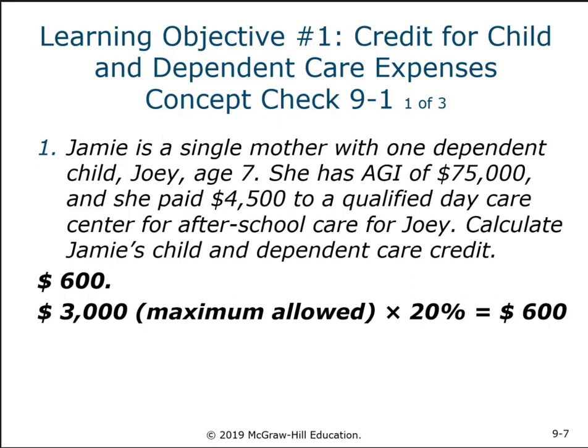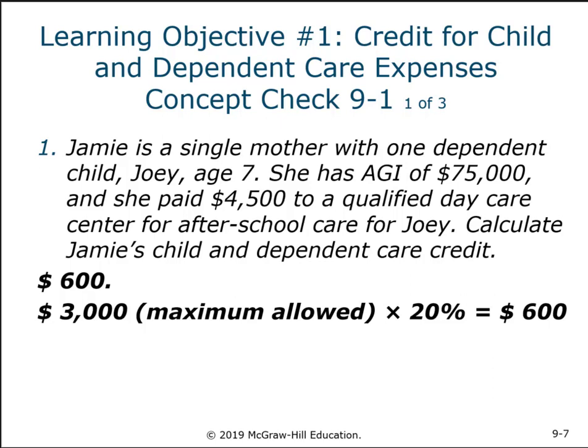Okay, single mom, 1 dependent, so we don't have to worry about 2 spouses and figure out the lowest paid. She has 1 child, age 7, needs care. AGI is $75,000, so she passed that 43, so it's 20%.